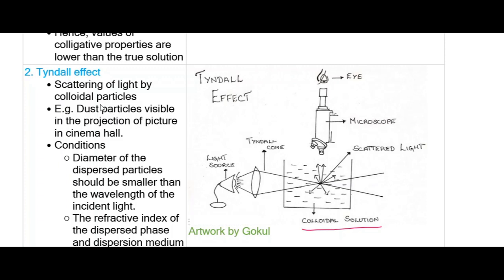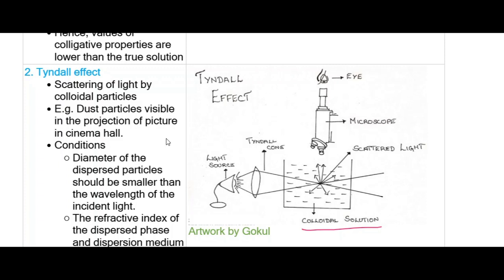Then, the dust particles visible in projection in a cinema theater are visible because of the Tyndall effect. And you can see the sun rays passing through a dense forest also. We can find the dusty sunbeam. That beam containing the dust particles through the dense forest or jungle is also the Tyndall effect.